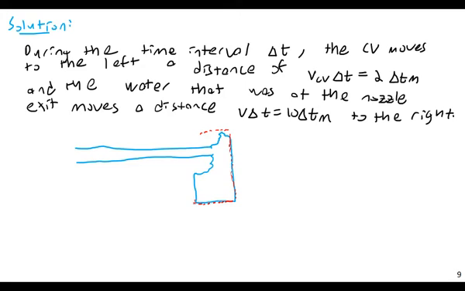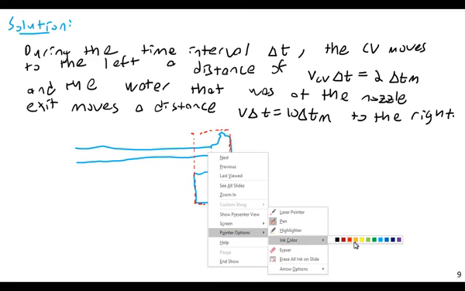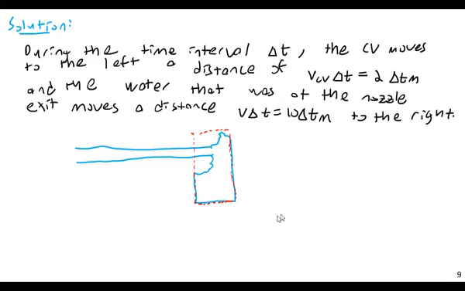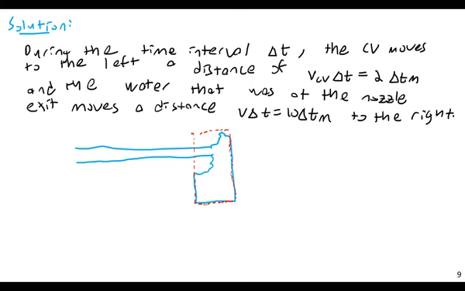Our control volume is moving. However, our control volume used to be here. The initial location of the system and the control volume were here. So this is where the control volume used to be.